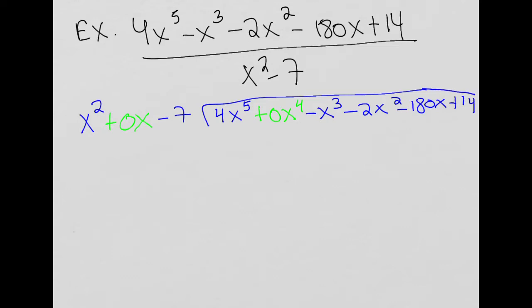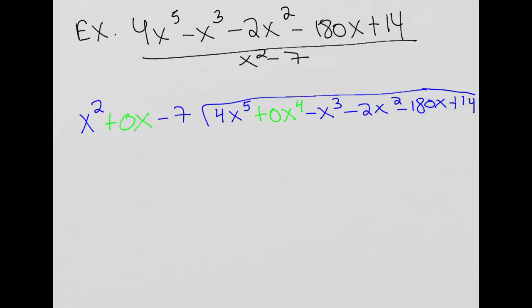pretty long. So then we ask ourselves, what do I multiply x squared by, so I get 4x to the fifth? I'm going to write this a little bit smaller. x squared minus 7, so it doesn't feel like it's bothering us. There.